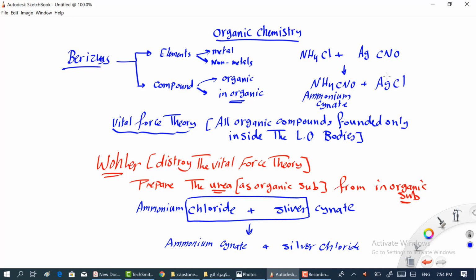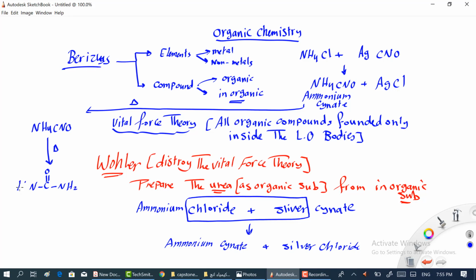We do not stop at the step of obtaining ammonium cyanate. Heating ammonium cyanate gives us a reshaping of this compound. So ammonium cyanate NH4CNO is reshaped by the effect of the heat. We will find C double bond O, N H2, N H2.